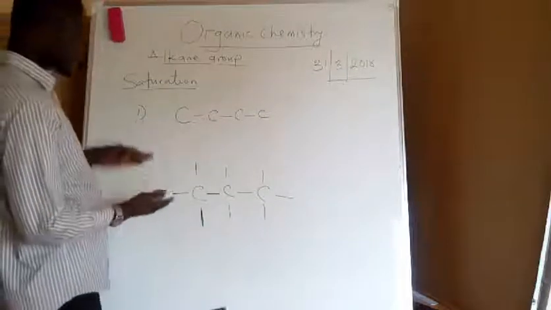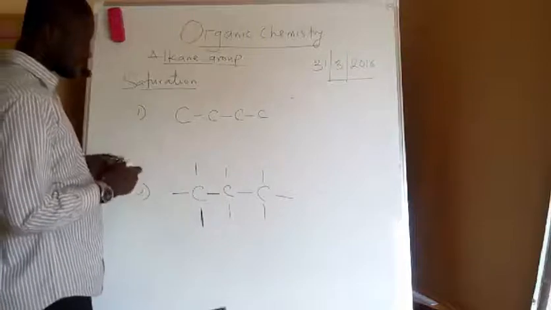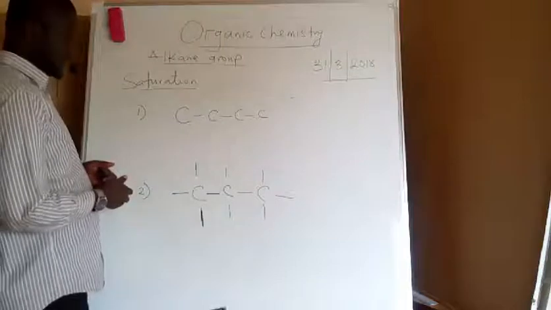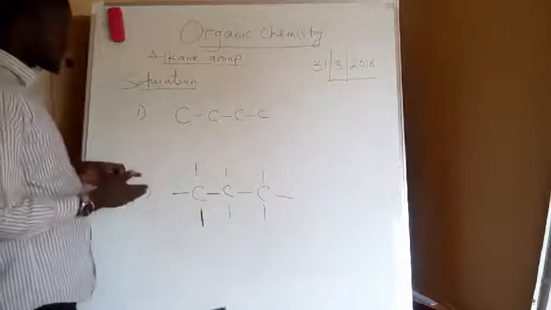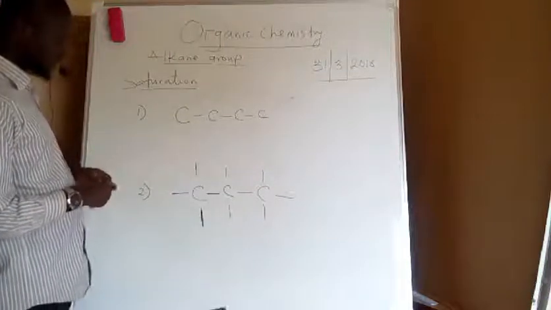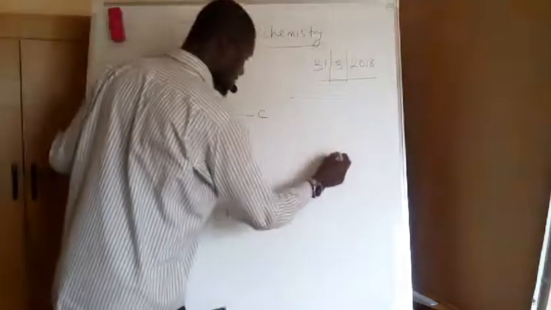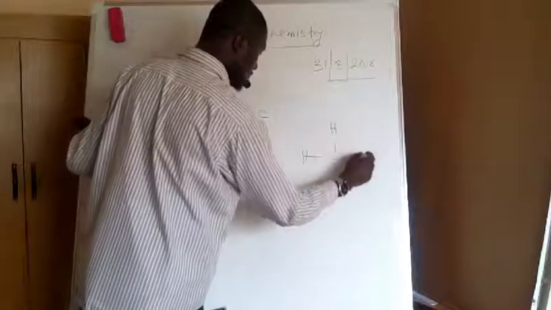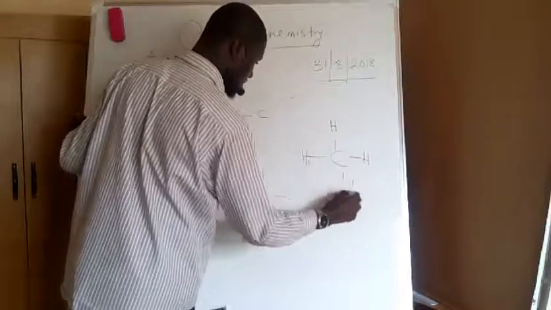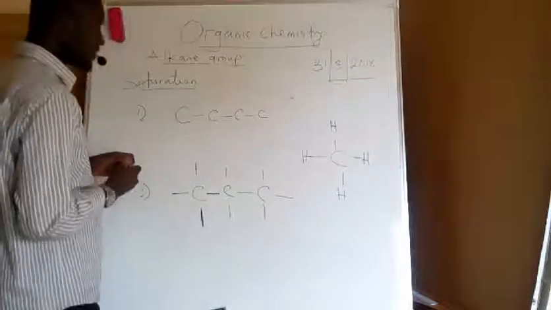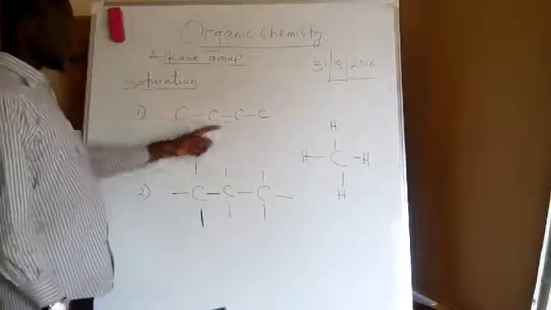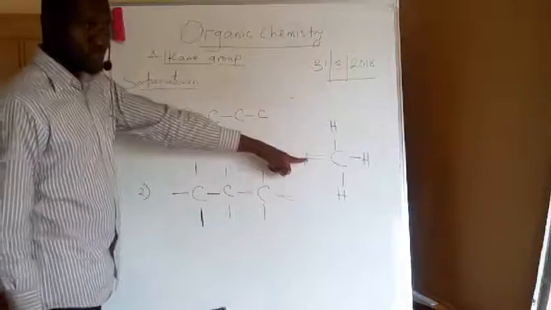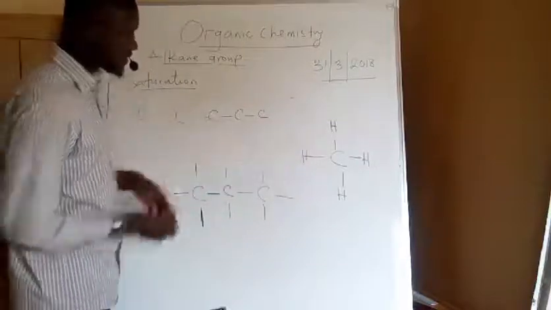Now, if we look at these two definitions closely, we understand that both definitions are correct. The only thing I observed is that one definition is more correct than the other. For instance, if I'm asked to explain whether methane is a saturated compound based on these two definitions: methane of course is saturated because it is the first member of the alkanes.